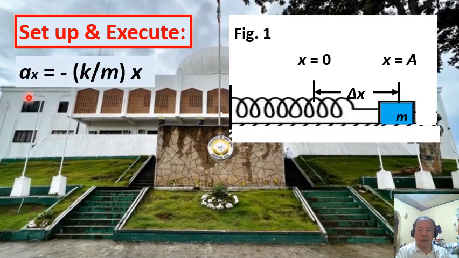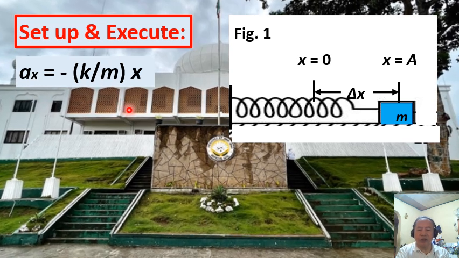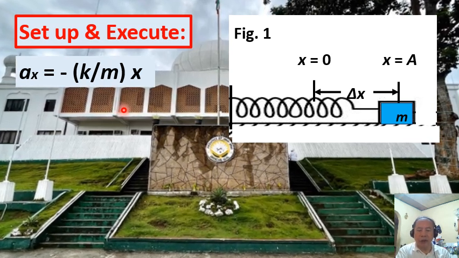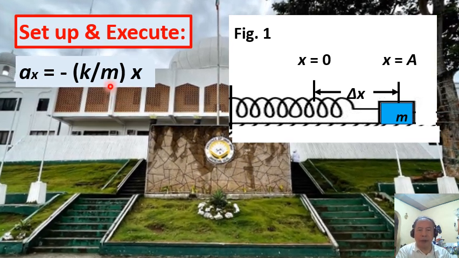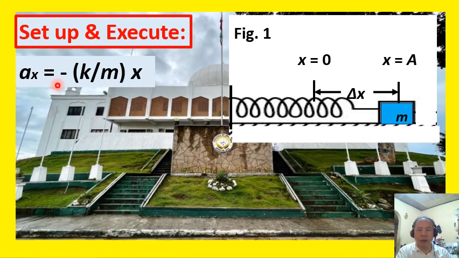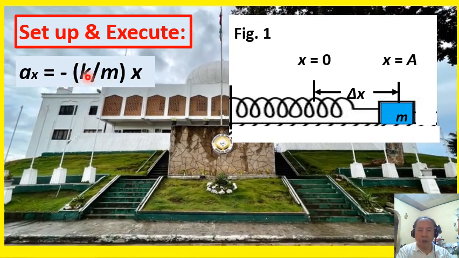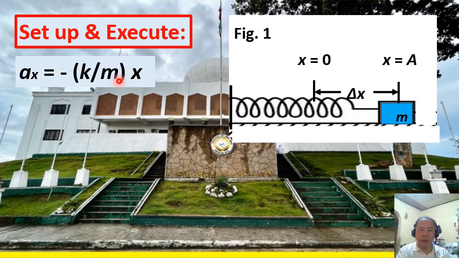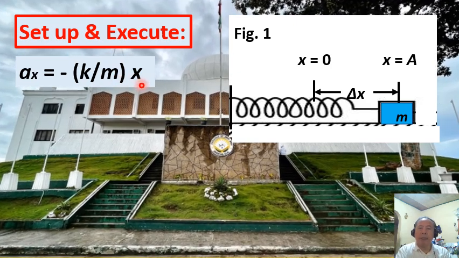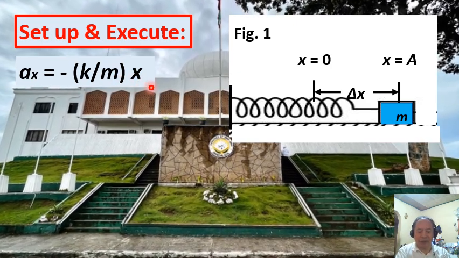In finding the instantaneous acceleration of the oscillating block, we use the formula ax equals negative quantity k over m multiplied by the displacement x.